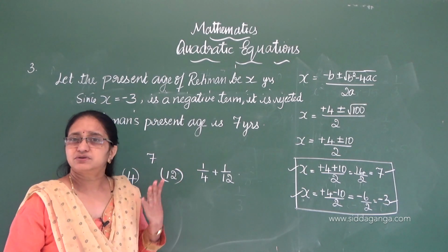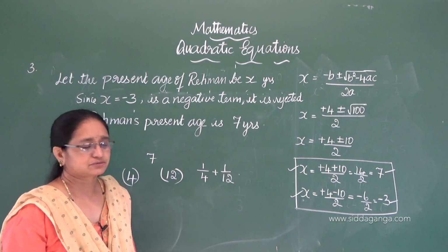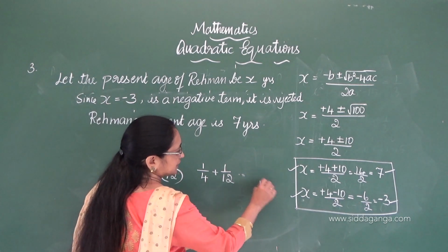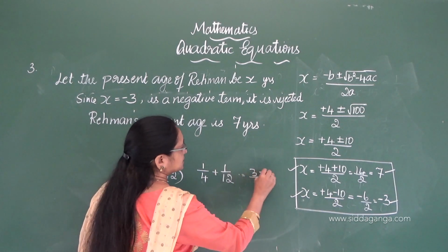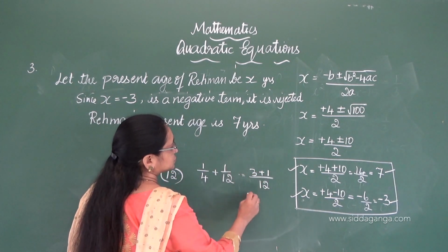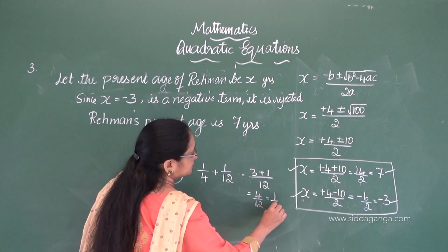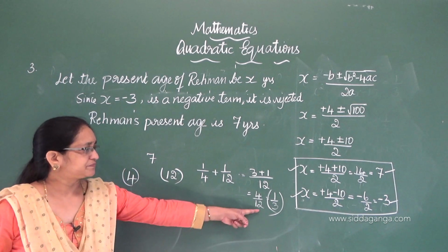If it gives you 1 by 3, then your answer is correct. You can find out whether your answer is correct by doing the verification. Here you know LCM 12, and 4 3s are 12, 3 1s are 3 plus 1, so 4 by 12. 4 by 12 is nothing but 1 by 3. So in the question they have given 1 by 3.